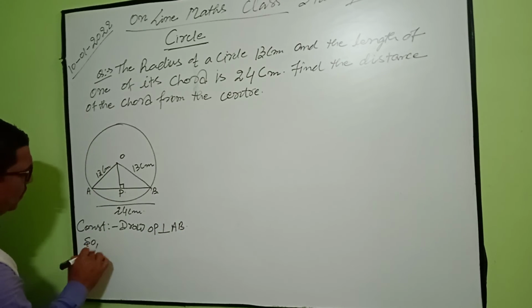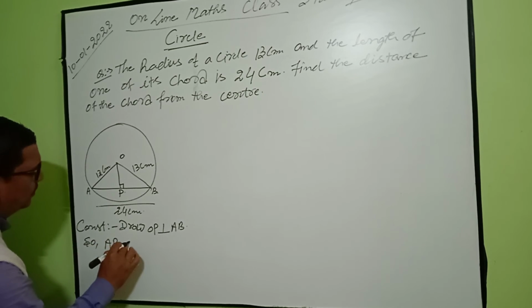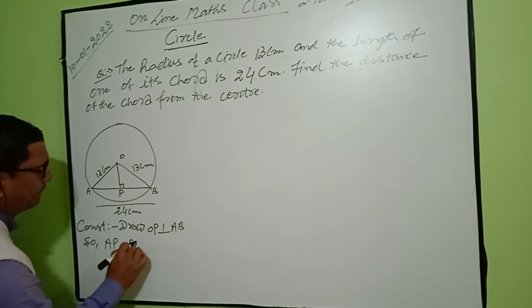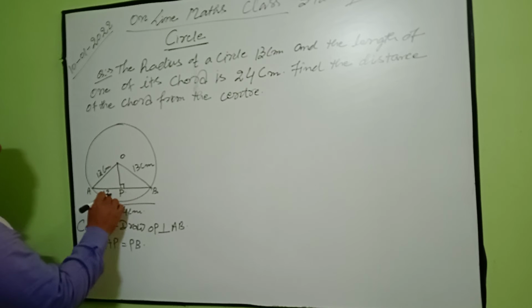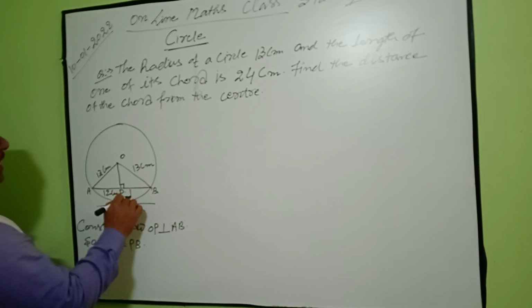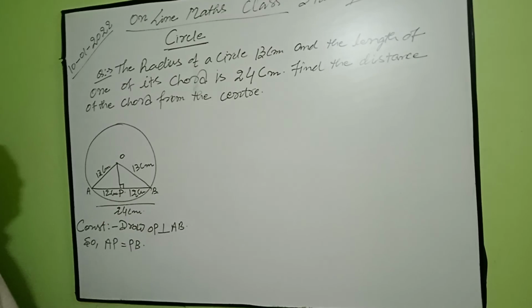So AP equals PB. Therefore the total length AB is divided equally, 12 cm and 12 cm.